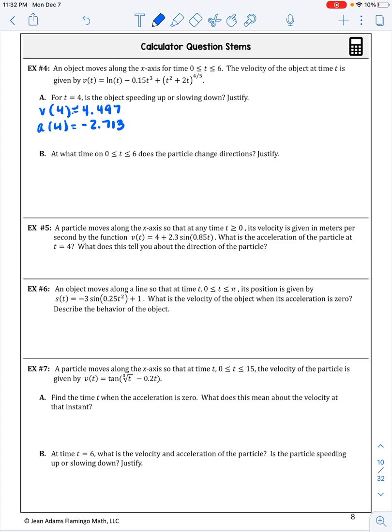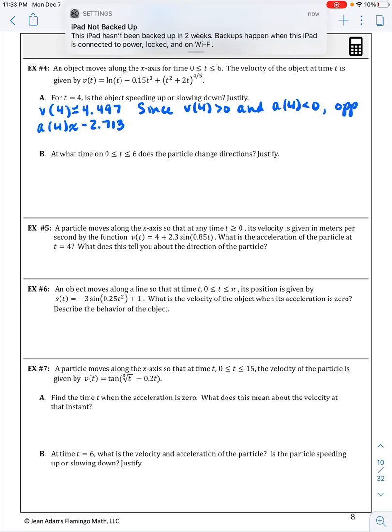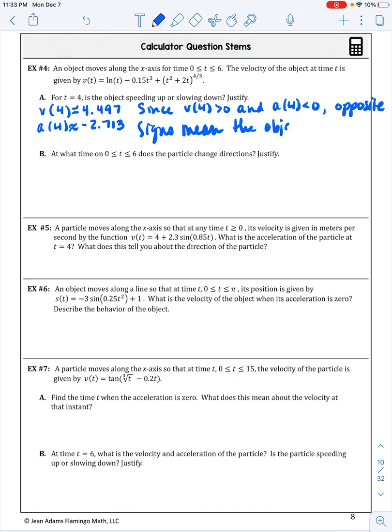These are squiggly because they're not exact, but since v of 4 is greater than 0 and a of 4 is less than 0, opposite signs mean the object is slowing down at t equals 4 seconds.